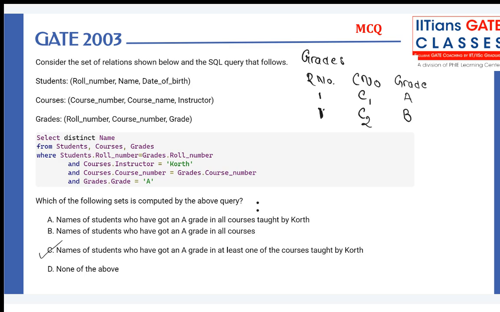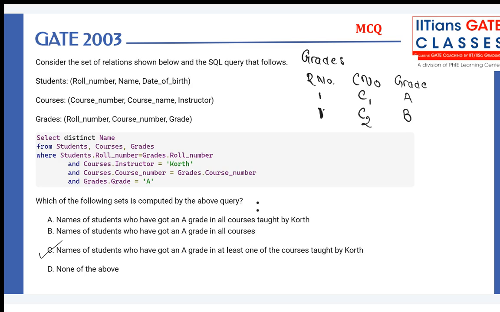He or she has scored a grade A in course C1 and a grade B in course C2. Okay, is the grades table clear? Let's say these courses, both C1 and C2, are taught by Korth. Okay, they're both taught by Korth.